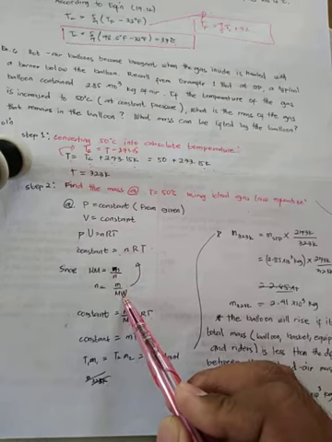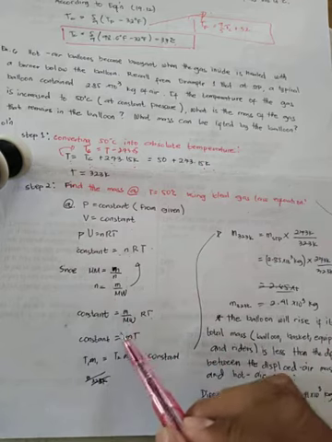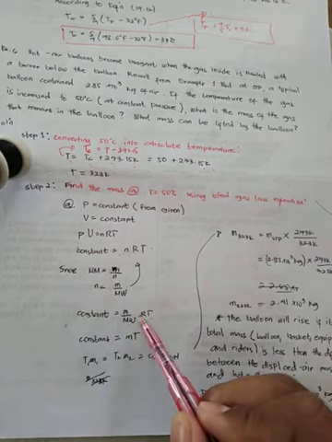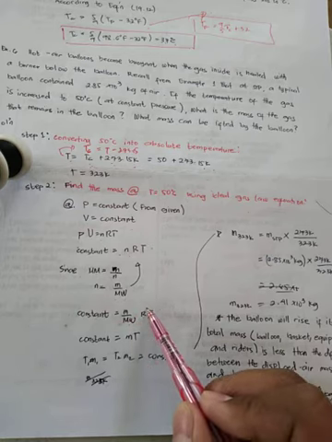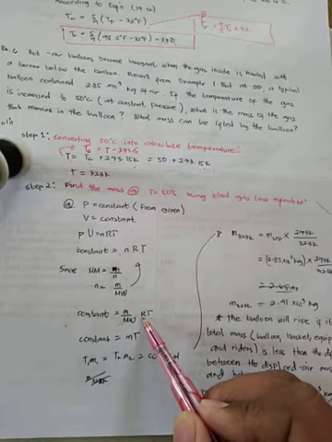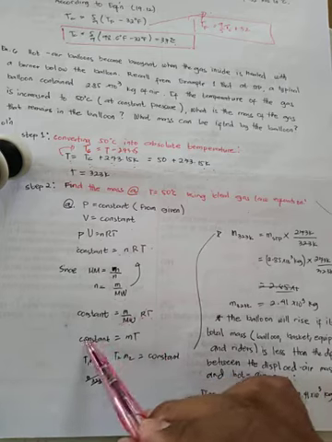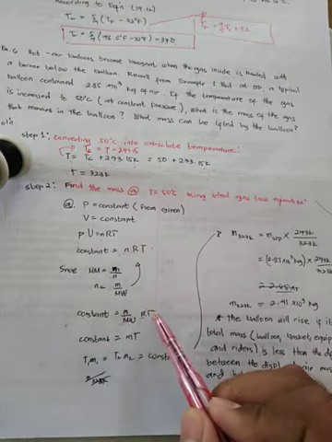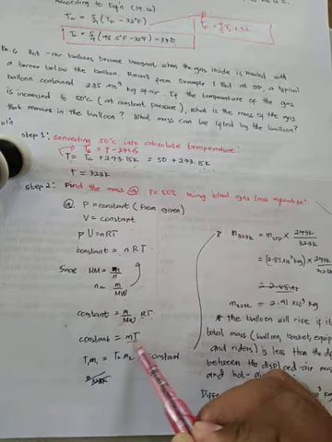M over molecular weight or molecular mass. Okay? So therefore, since constant lang naman yung molecular mass natin, at the same time yung R natin is also constant, okay, yan yung universal gas constant natin. So therefore, remaining is constant is equals to mass multiplied by temperature. So therefore, makakakuha ka na ng relation for mass and temperature, constant.